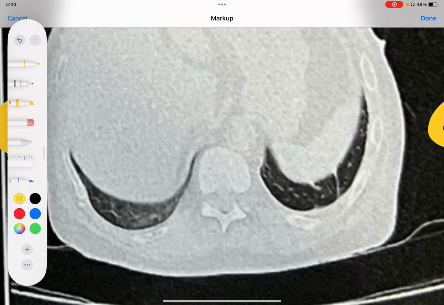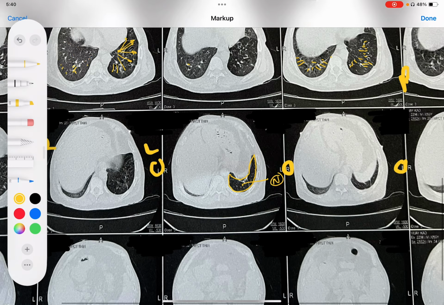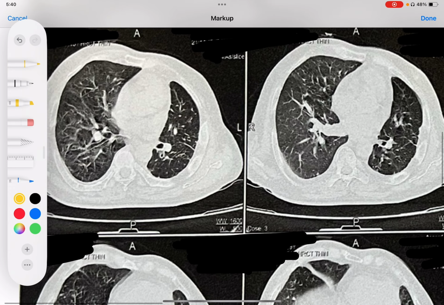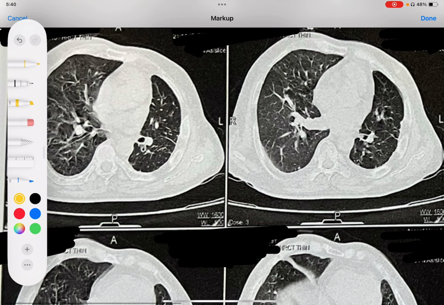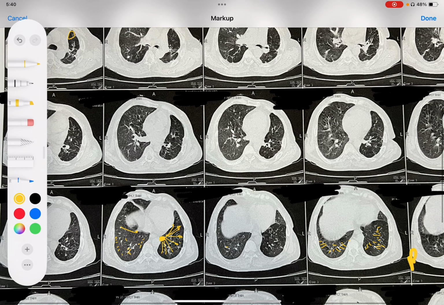See, we don't see many dense lines here, dense fibrotic bands. In here also we have so many dense fibrotic bands, which suggest that the patient had extensive chronic inflammation in the lung parenchyma, which has caused the fibrosis and the lung parenchyma loss.